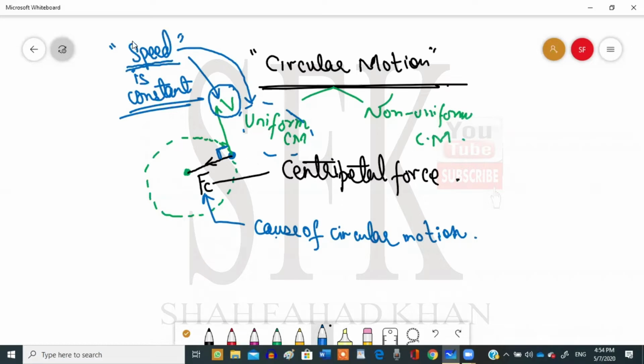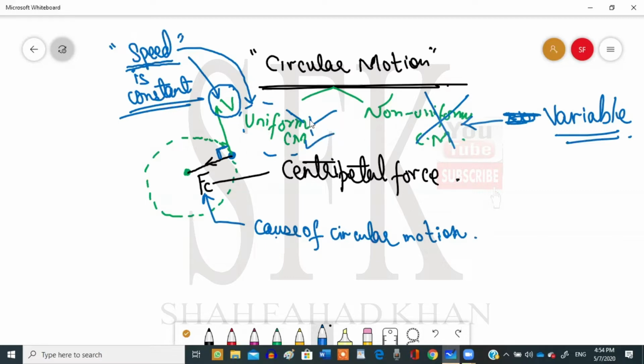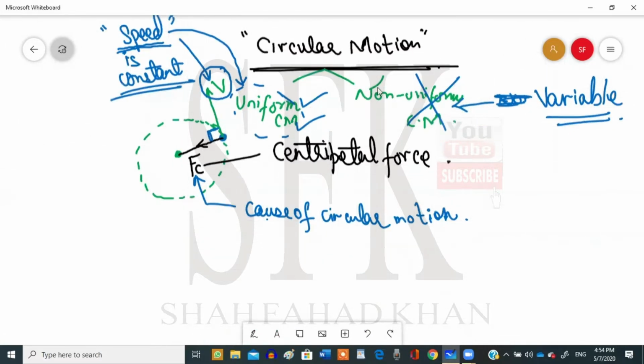But if speed keeps on changing, then it's called a non-uniform circular motion, or variable circular motion. And guys, in our A2 syllabus, we don't have non-uniform circular motion in our course. We only have to deal with questions from uniform circular motion, so you don't need to worry about non-uniform circular motion.